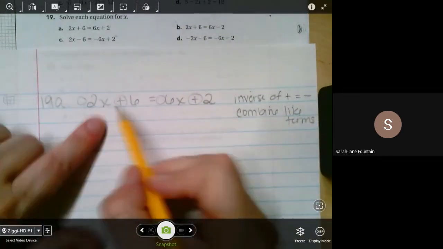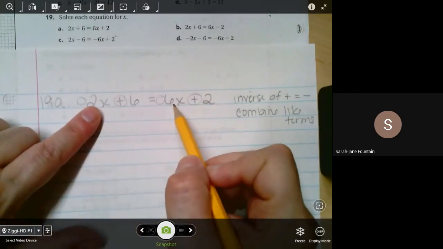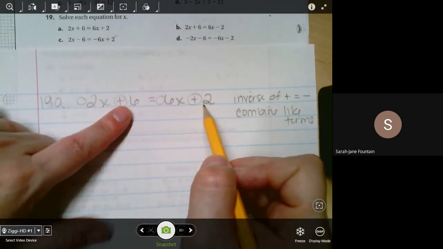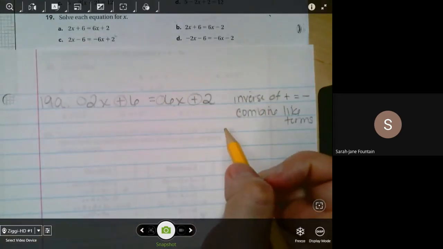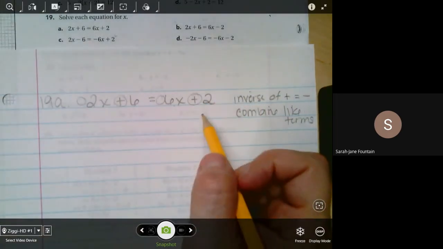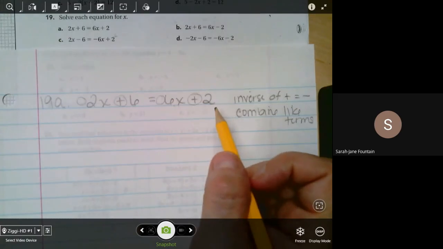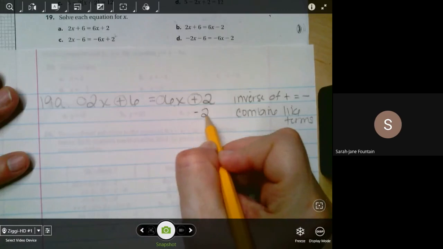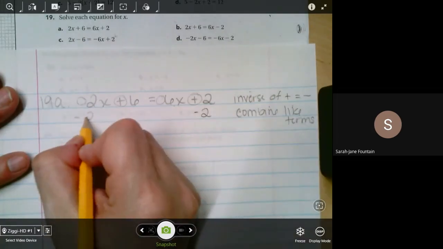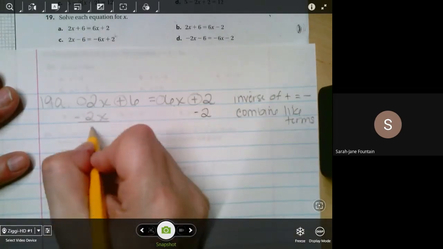So I have this and this with a variable, and this without a variable. Now, if I look at this, it's set up really nicely for me, because if I'm going to subtract something, I want to make sure that I'm subtracting the smaller number from the bigger number. So I'm going to subtract 2 from this side, and I'm going to subtract 2x from this side.